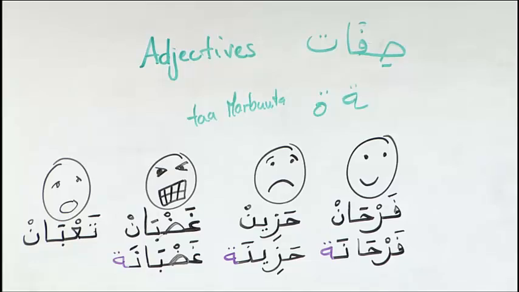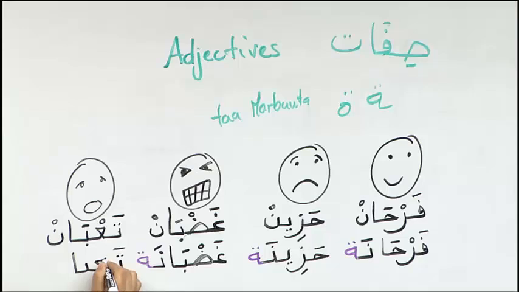And for a girl, Jamie? تعبانة. Mumtaz. Ta, upside down triangle. Always remember. Ta, ben. تعبان.